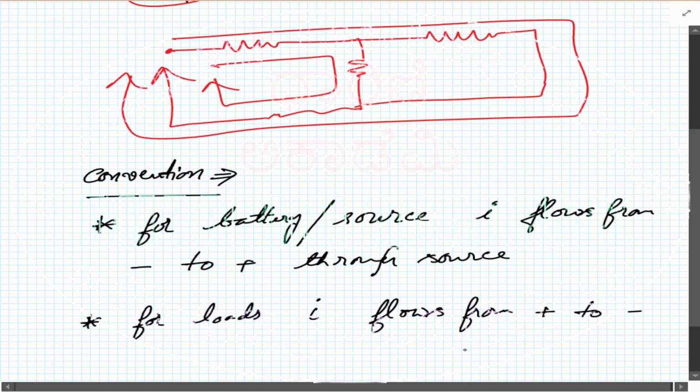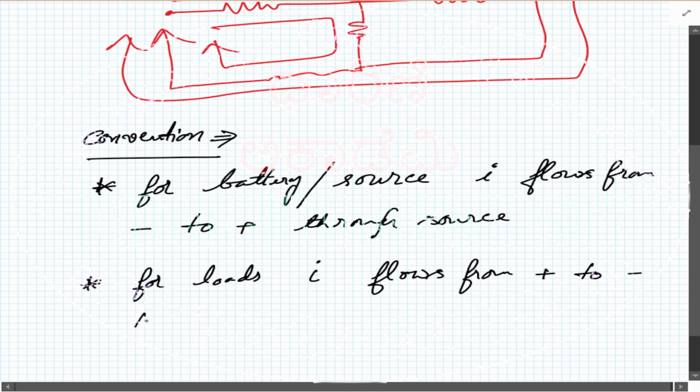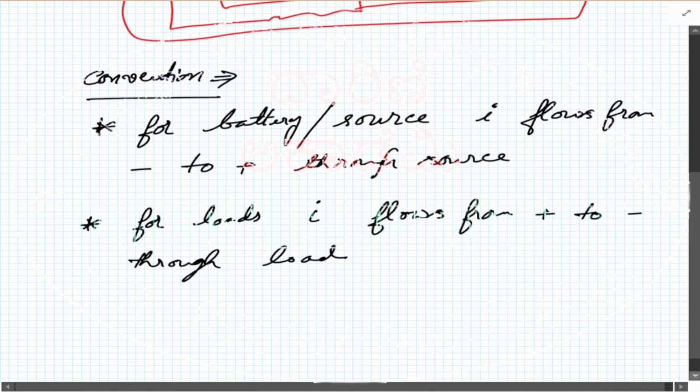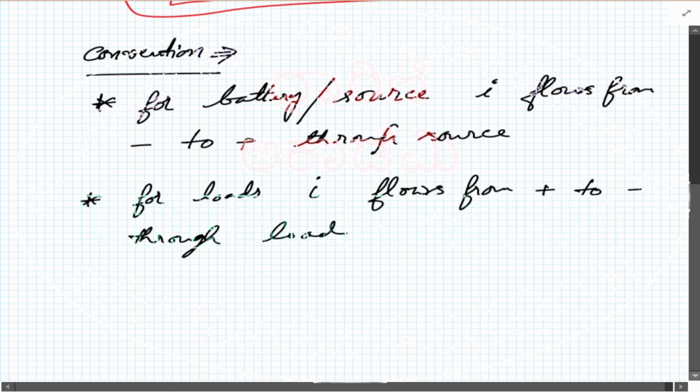See, its direction is reverse. These two points are important, because first I need to identify which terminal is plus and which is minus for each and every device present in the given circuit.